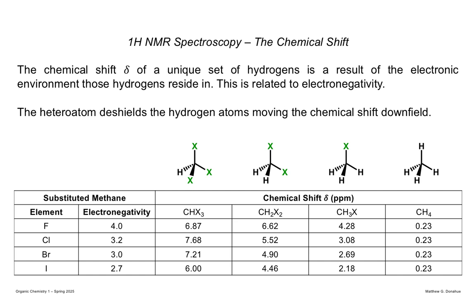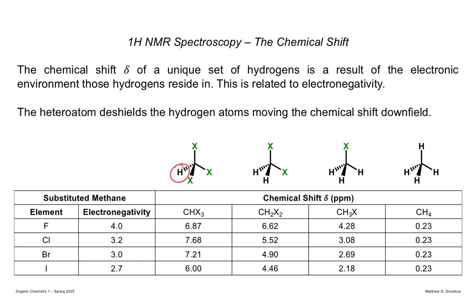So on this slide, what we're going to look at is methane to the furthest right column. And then we're going to start sequentially substituting halogens. Notice the first structure on the left, we still have an H there.